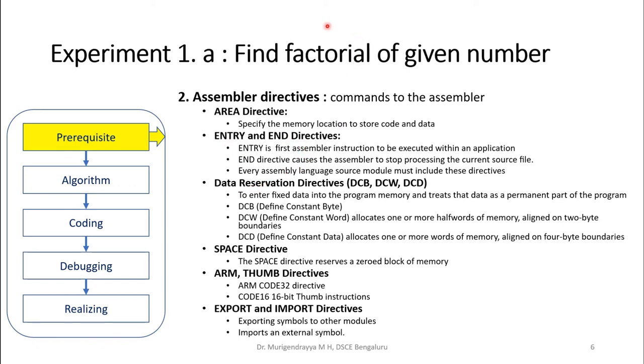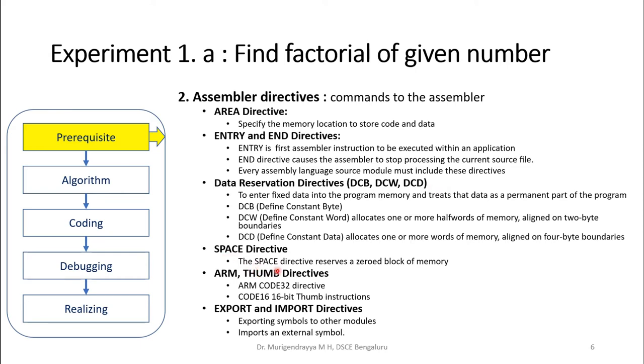The data reservation directives are used to place the necessary data in memory, and these data are used during program execution. DCB reserves data in byte size, DCW reserves data in word size, and DCD reserves an array of words.